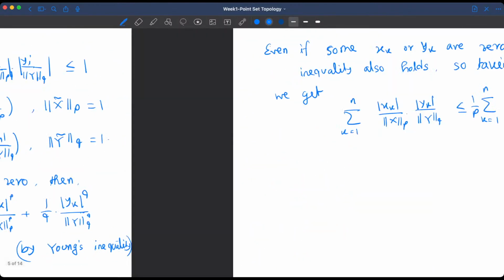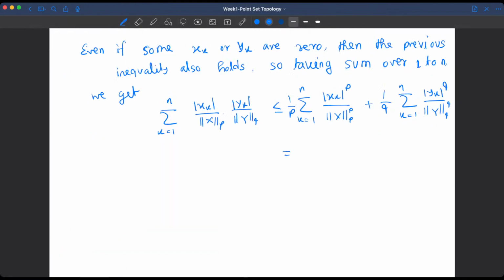So this is 1 over p times norm x_p power p by norm x_p power p, and 1 over q, the same thing with q.